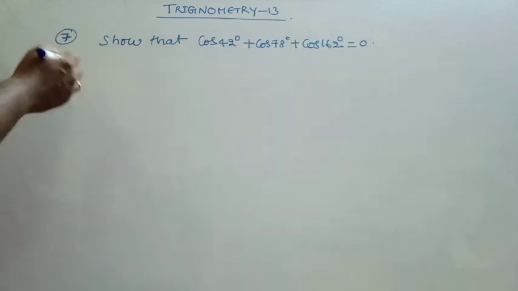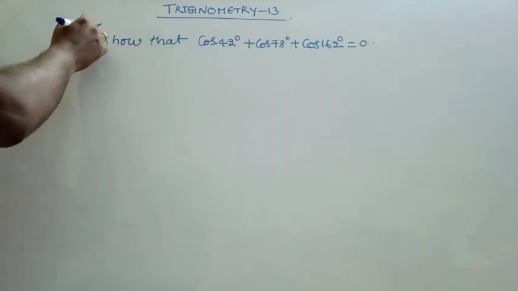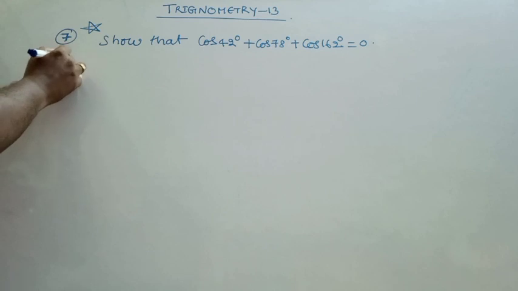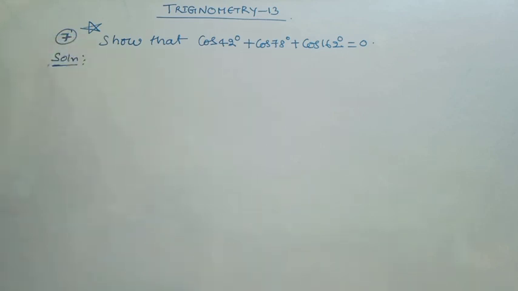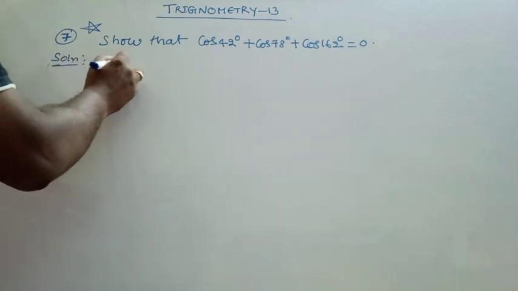Next we have one more important problem. Show that cos 42 plus cos 78 plus cos 162 degrees is equal to 0. This is what you require to prove. You take the left hand side part here.